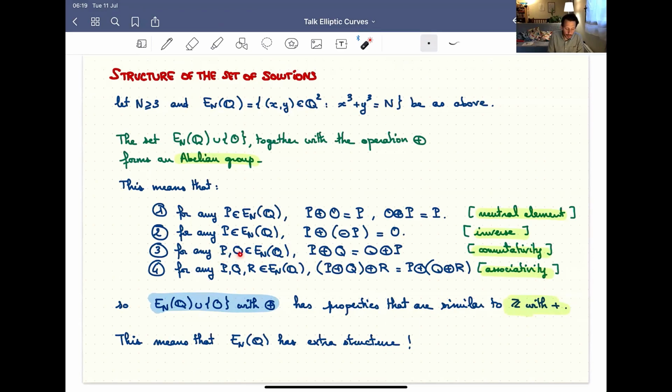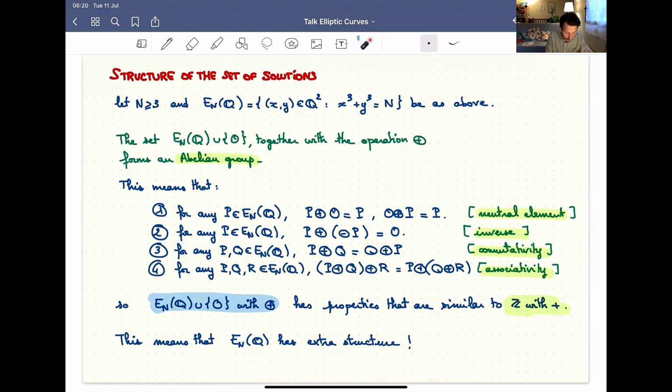Okay, and if you have 2 points P and Q, then adding with respect to this operation plus with a circle, adding P and Q is the same as adding Q and P. So if you just look at the first 3 operations and think of what you know about integers, but don't think about multiplication. Just think integers with the operation plus, the addition you learn in school.